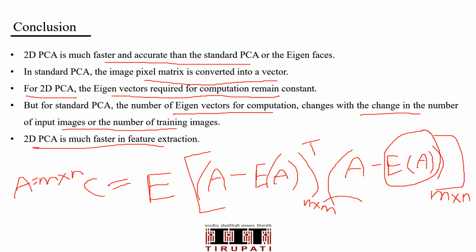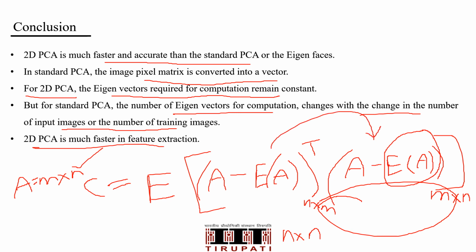So from here we will get covariance as an n cross n square matrix, which is equal to column operation. We can alter these two. Then we will get an m cross m covariance matrix, which is equal to the computation of rows.